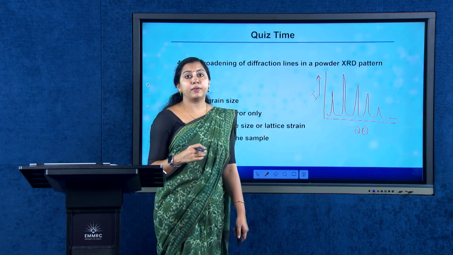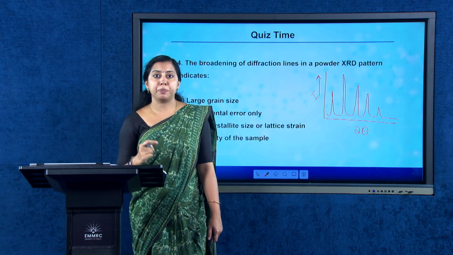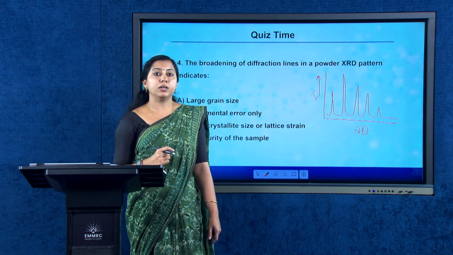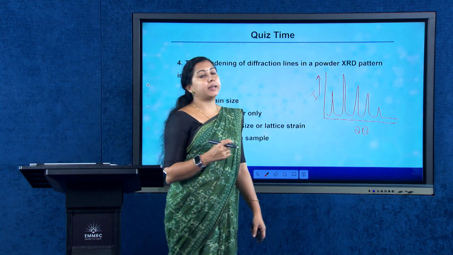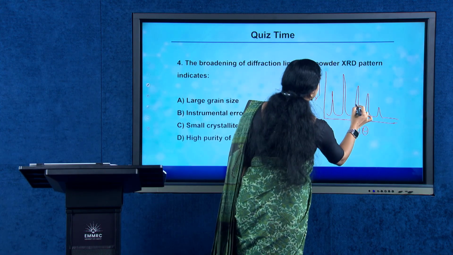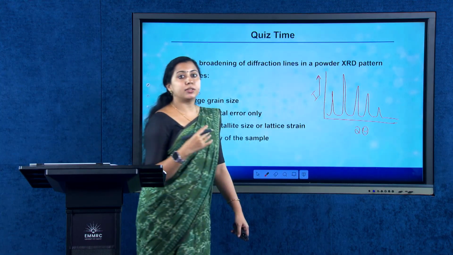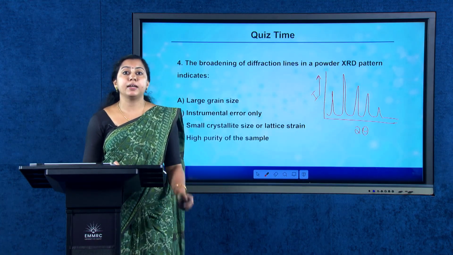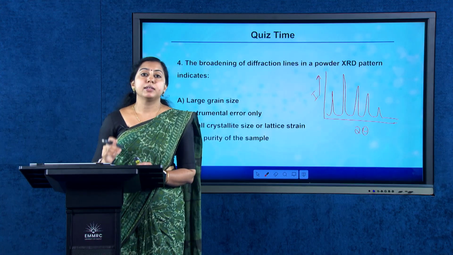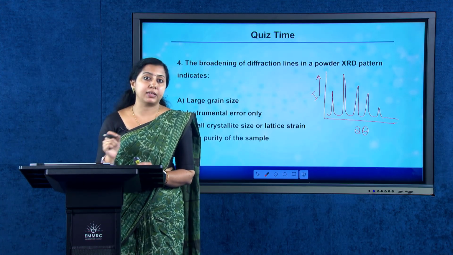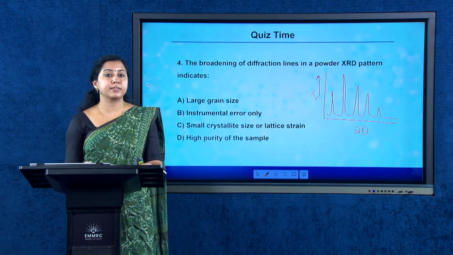And usually we get very narrow, sharp peaks. However, there may be diffraction lines which are broadened to some extent like this. So, this broadening is indicative of the size of the crystallite, that is the average particle size.